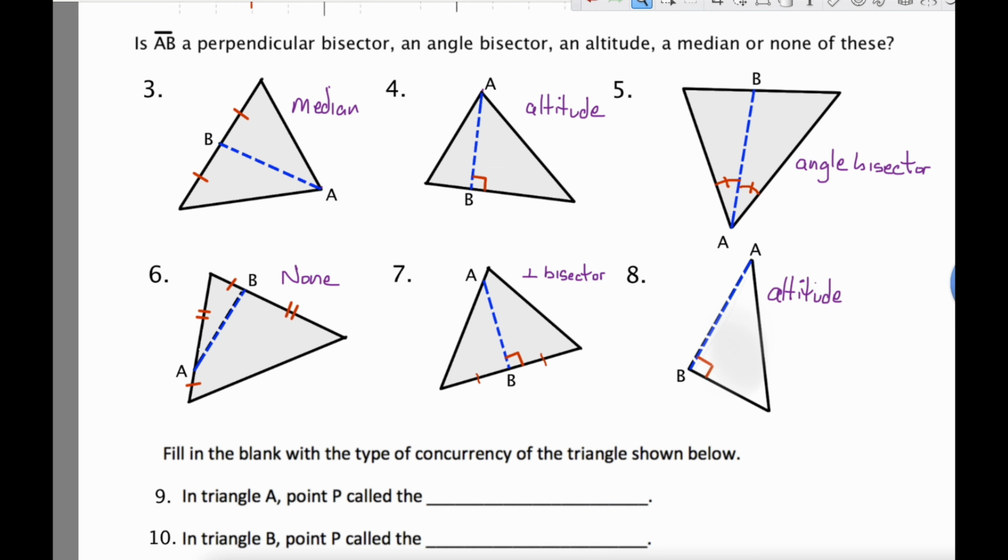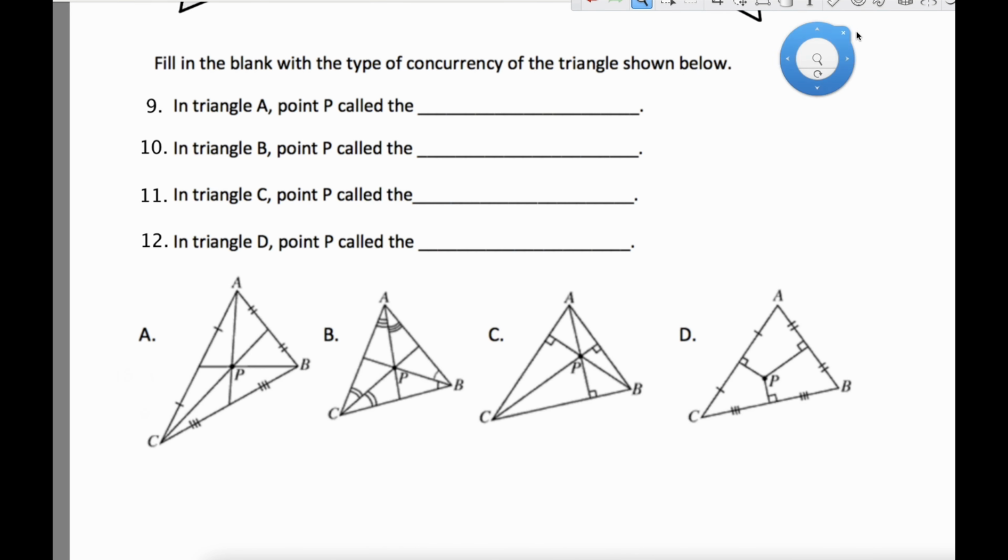All right. Let's have a look at this fill in the blank. So here are our 4 different types of centers that we've been discussing. So let's match them. So triangle A, point P is called the, okay, so what's happening here? We have this point here. So let's identify what these segments are doing.